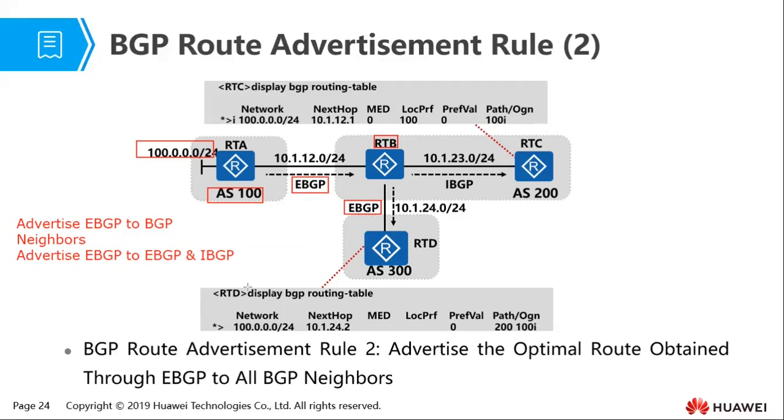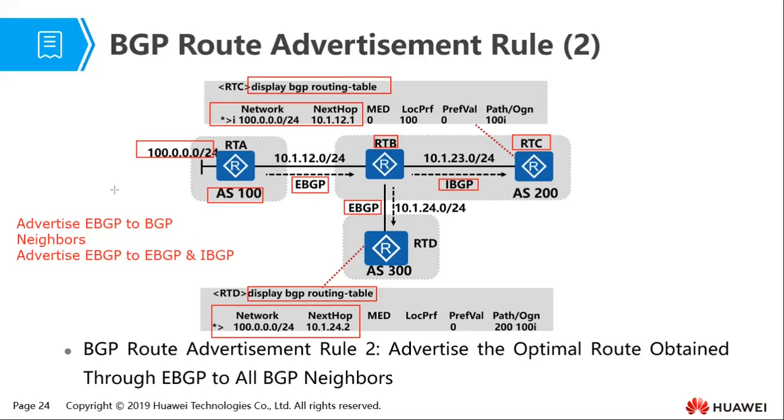And that's why if in RTD we do display IP routing table, we are going to get the entry for that network. On the other hand, RTB will also advertise the 100.0.0.0 network to IBGP. How does it do that? Using IBGP, and that's why in RTC, again, if we do display IP routing table, we are going to get the 100.0.0.0 network.